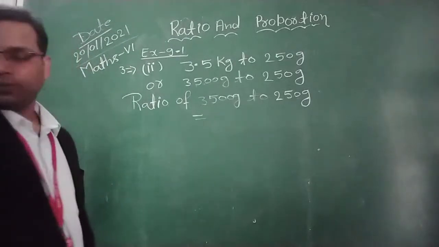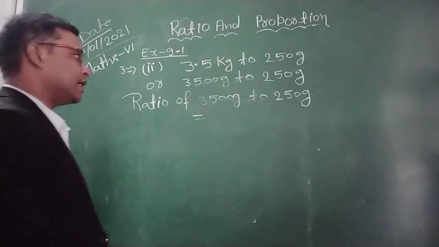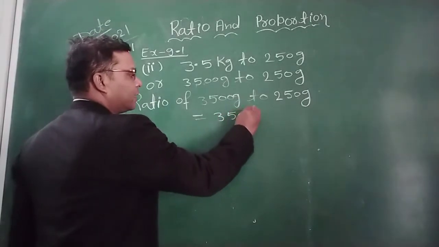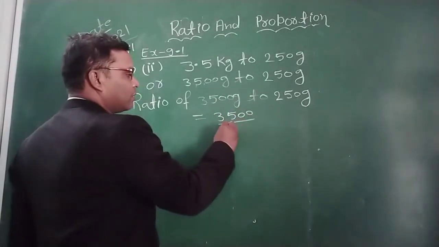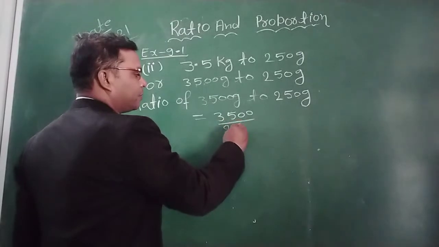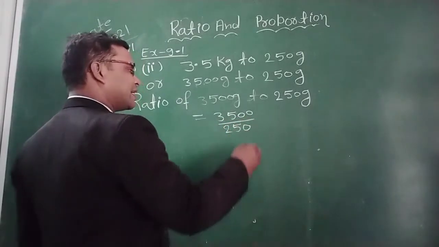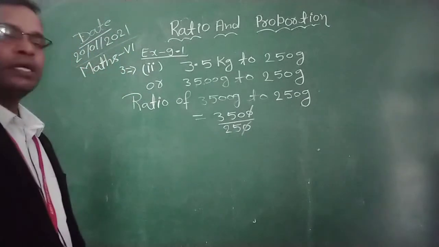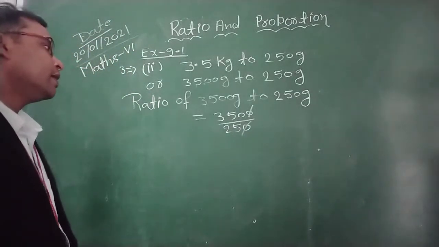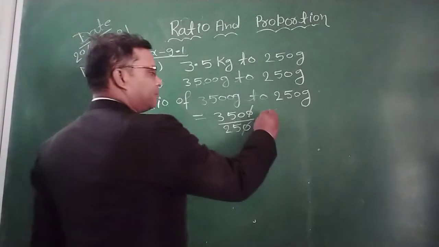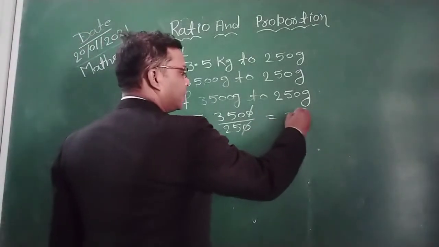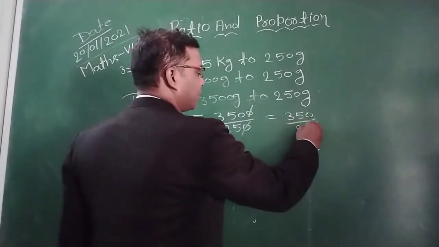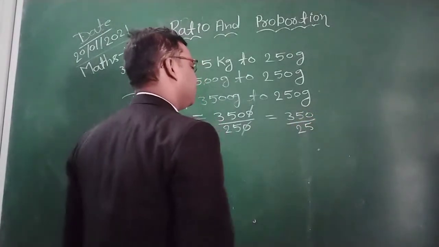This is equal to, we can write, 3500 by 250. So you can cancel 0 by 0. Okay, after this we have 350 divided by 25.